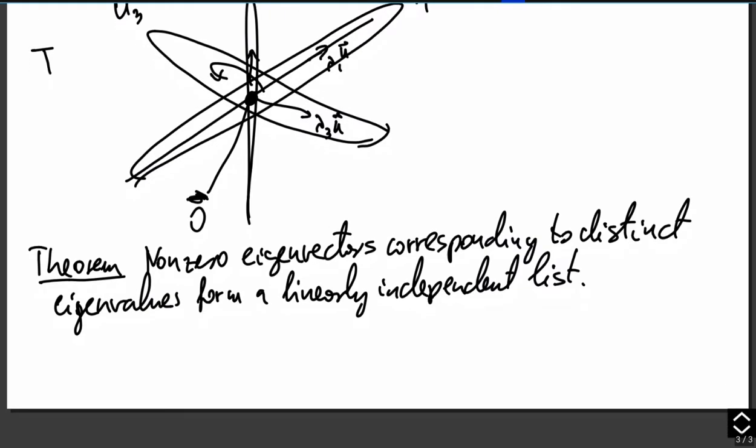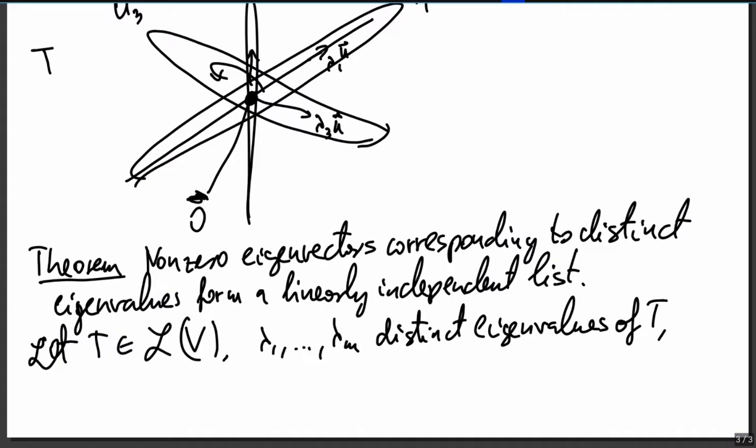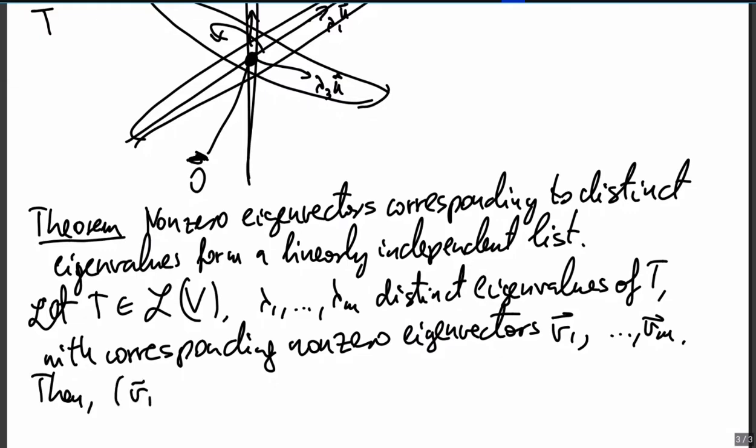The way we write this mathematically: let T be a linear operator and lambda 1 through lambda m be distinct eigenvalues of T with corresponding non-zero eigenvectors v1 through vm. Then the list v1 through vm is linearly independent.